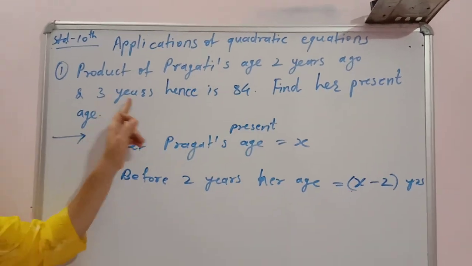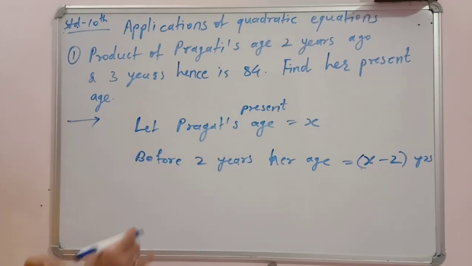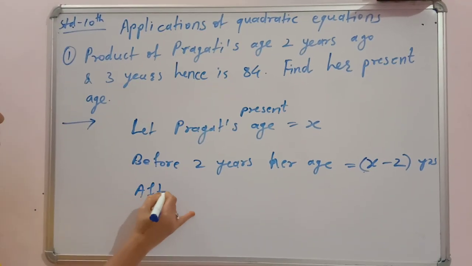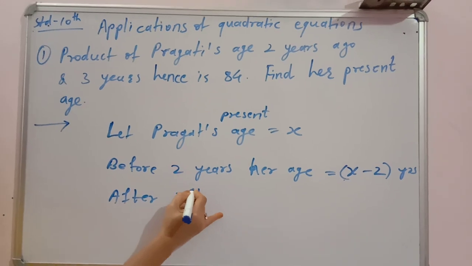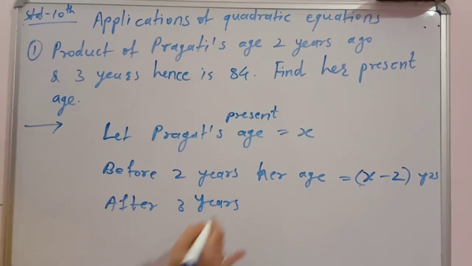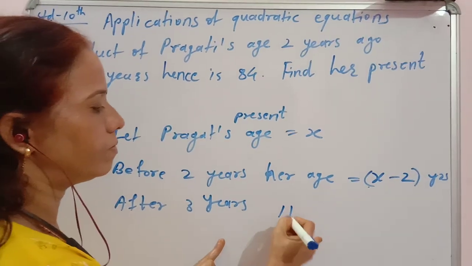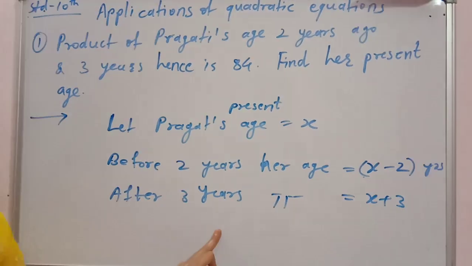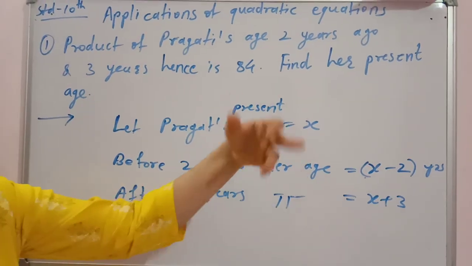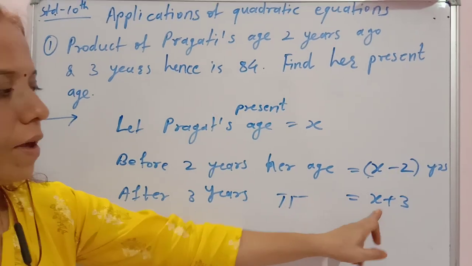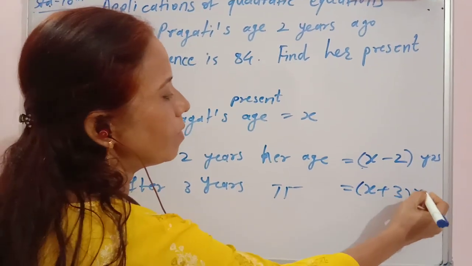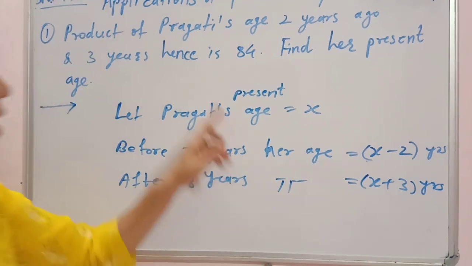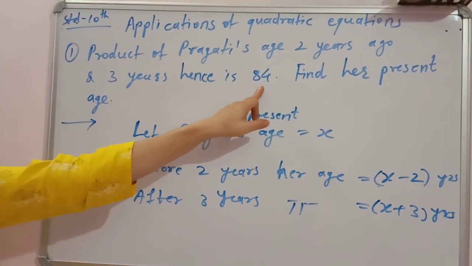Okay. Now 3 years hence. Hence means after. So after 3 years, her age is what? It is x plus 3. Now if her age is x, after 3 years, her age will be x plus 3 years. And what information is given? That the product of these two is 84.